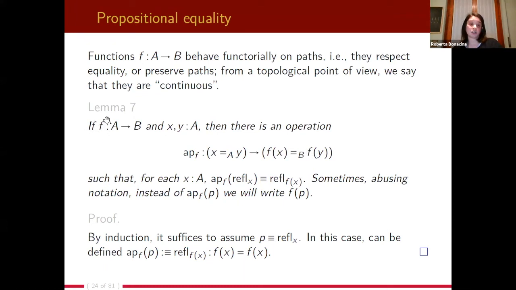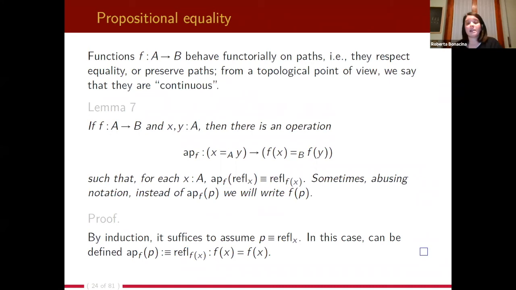through this function. And we have what we would expect, so that for each term x of type A, the application of f to ref in A is reflexivity of f of x. We will sometimes abuse notation and write f of p instead of ap f of p.